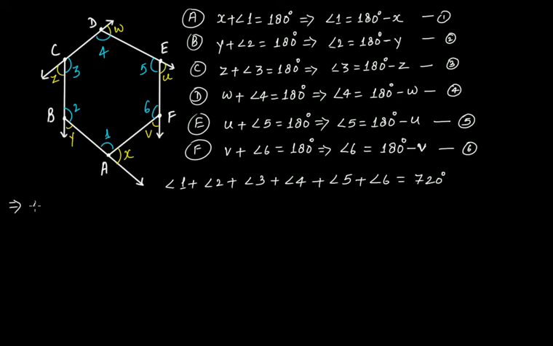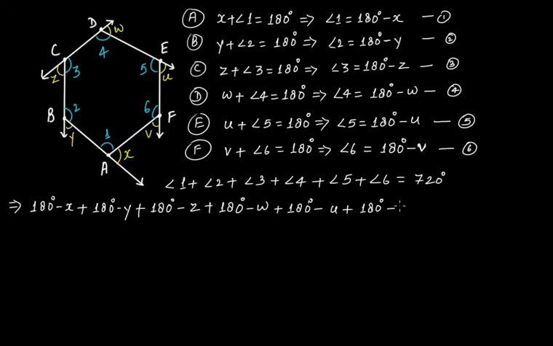So you get 180 degrees minus X. For 2 you get 180 degrees minus Y. Then for 3 you get 180 degrees minus Z. Then for 4 you get 180 degrees minus W. Then 5 is 180 degrees minus U, and then 6 is 180 degrees minus V. It is equal to 720 degrees.